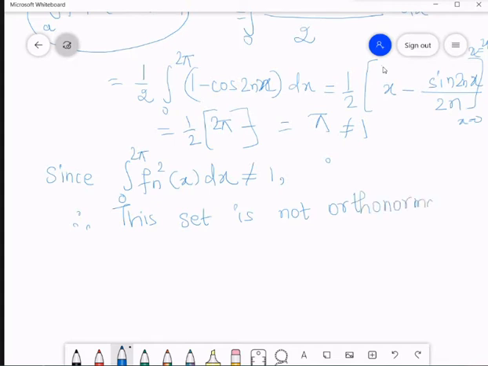Is this set orthogonal? Is this set orthogonal? Yes, ma'am.